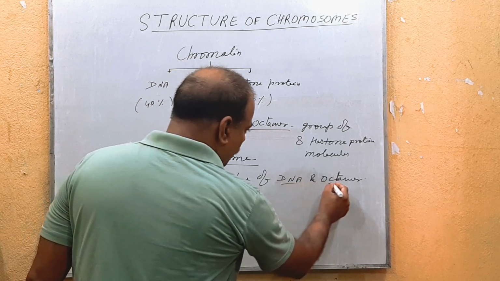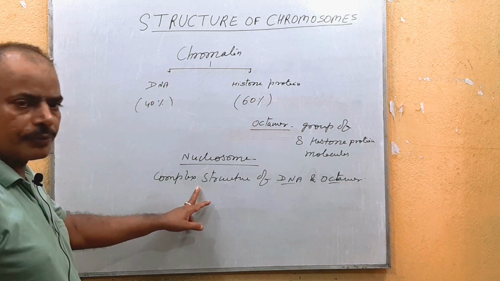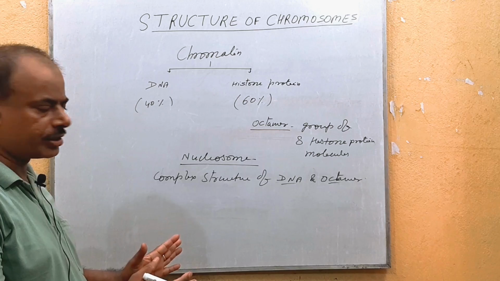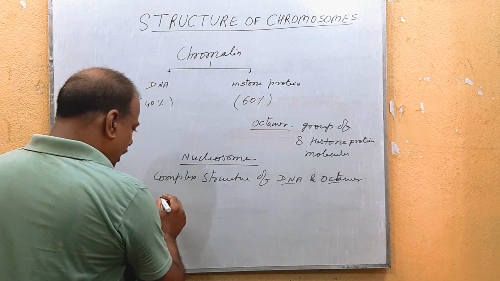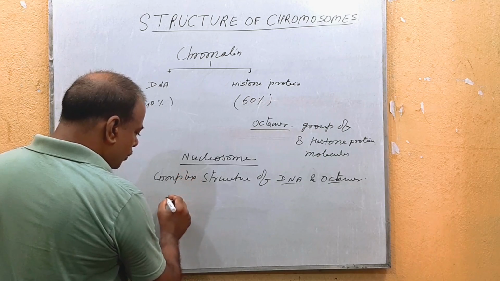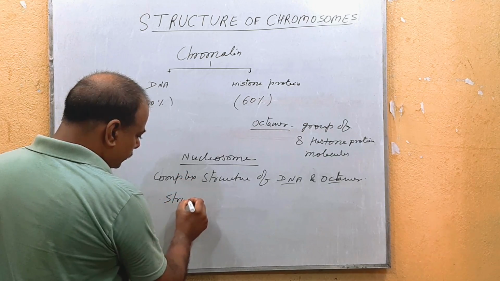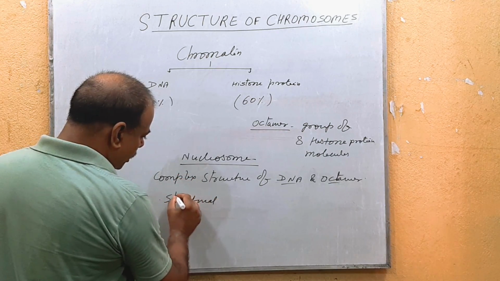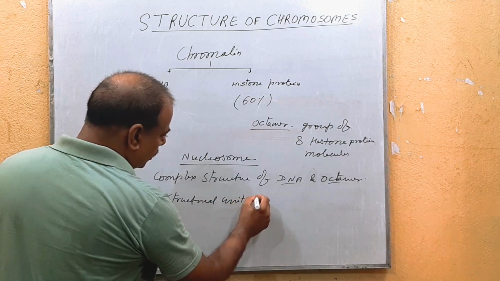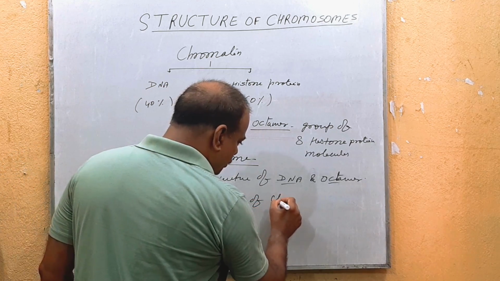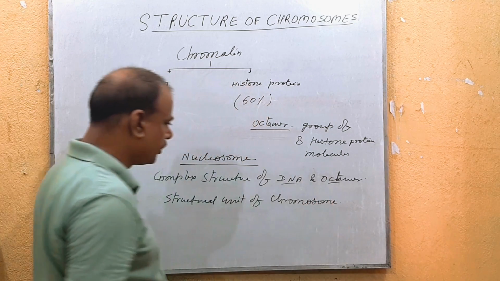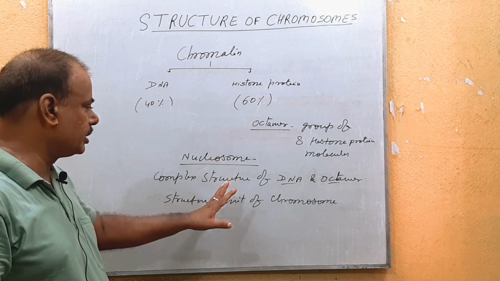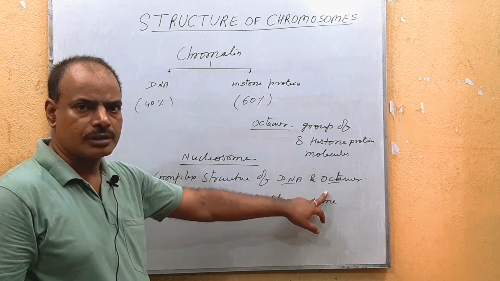So DNA and octamer are the two components which make a complex structure, and this complex structure is known as the nucleosome. Actually, the nucleosome is the structural unit of chromosome. So chromosome is made up of nucleosomes, and the nucleosome is made up of DNA and octamer.